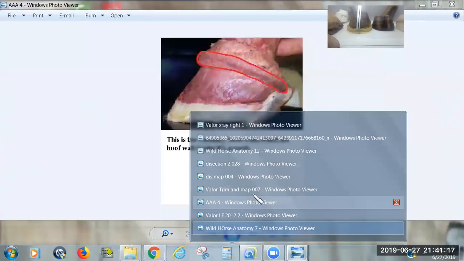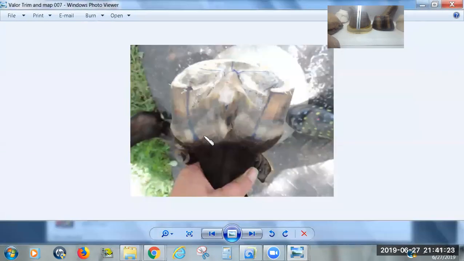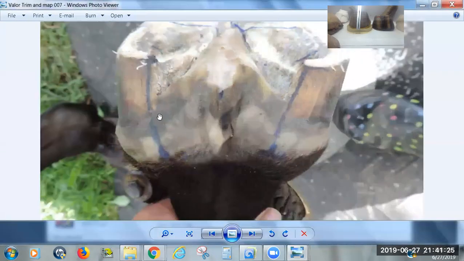We just would trim it right down here in the sides of the collateral groove. See, right here on the side. You're still letting the frog grow. I mean, this frog is really this thick.